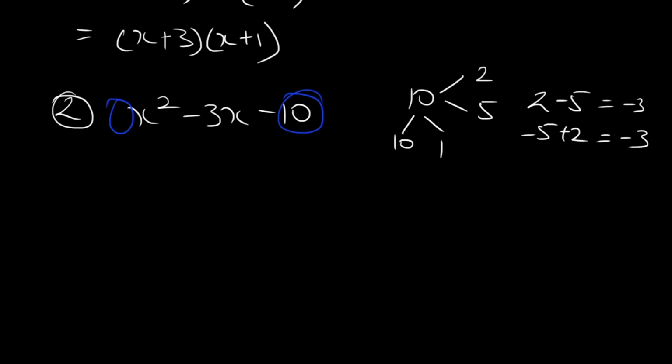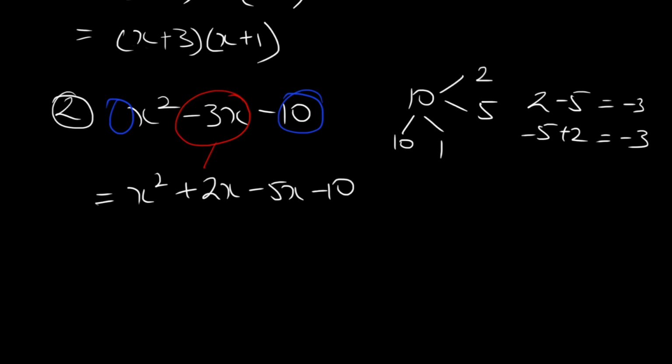So let's see what we can do with this. So we can have x squared plus 2x minus 5x minus 10. Again, what I'm doing is taking this middle term, this 3x term, and splitting it up into two terms.